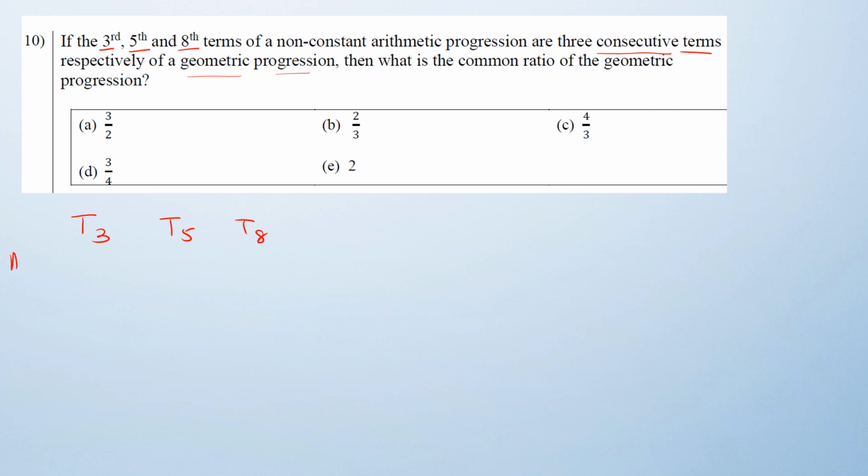When we consider the arithmetic series, here we have T3, T5 and T8. Suppose the third term is P and the common difference is D. If the common difference is D, the fifth one, in terms of P and D, is P plus 2D.